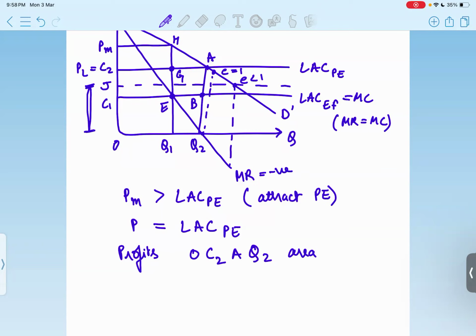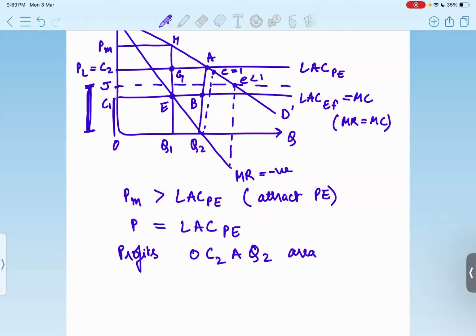The reason is that the cost of the existing firms is at OC1 level, and the price is OJ, which is higher than their long run average cost. So they will go ahead with the production because they are still making profits. But this price level is clearly below the average cost of the potential entrants. So they will not enter, because this is a condition of loss for the potential entrants.